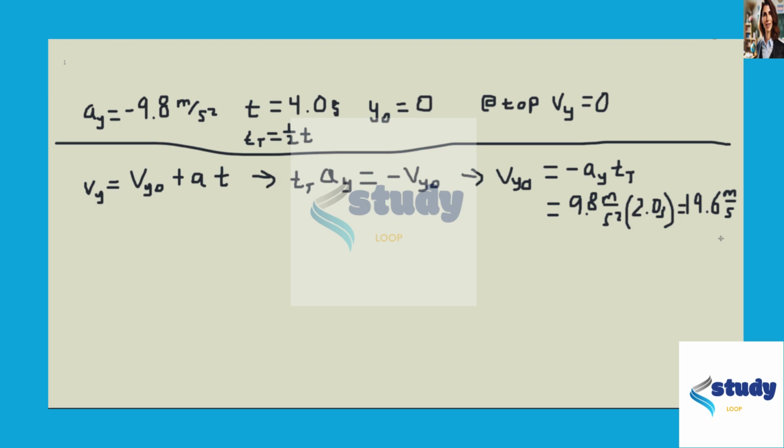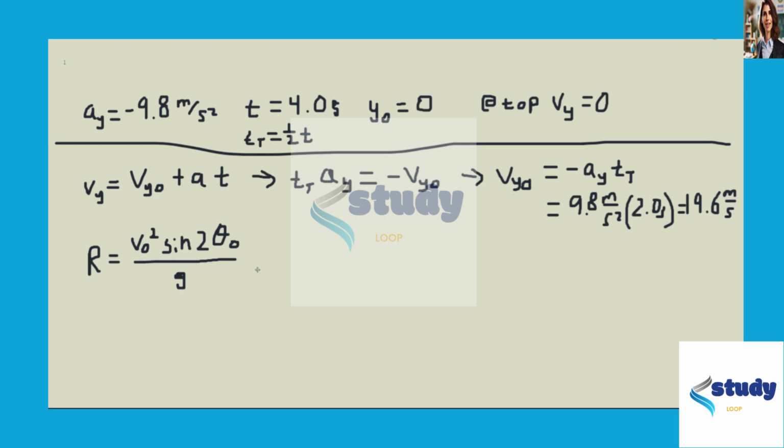Now that we have that, we can use our range formula, which says that the range something is going to travel is equal to the initial velocity squared, times sine of 2 times the initial angle at which it's launched, divided by the gravitational acceleration.